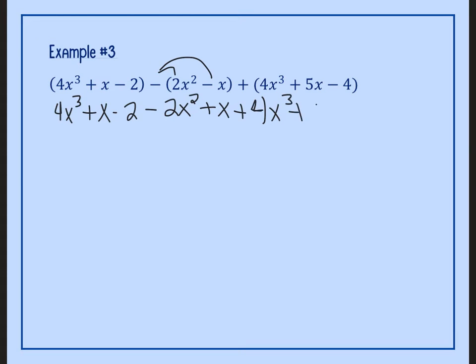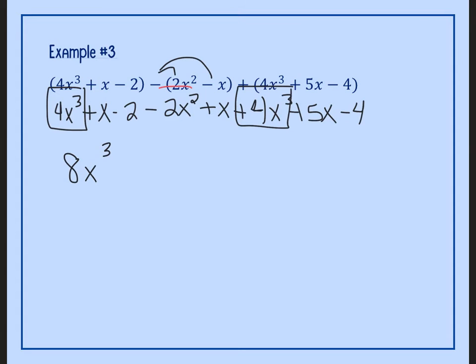Now, with adding polynomials, you want to start with the highest exponent and work to the lowest exponent. In this case, my highest exponent is 3, and it does happen to be in front. So I'm going to go ahead and start with the x cubes. And always pay attention to the sign in front. Okay, so I have 4x cubes, and I'm adding another 4x cubes. So I have 8x cubes. Next, I want to look for x squared.